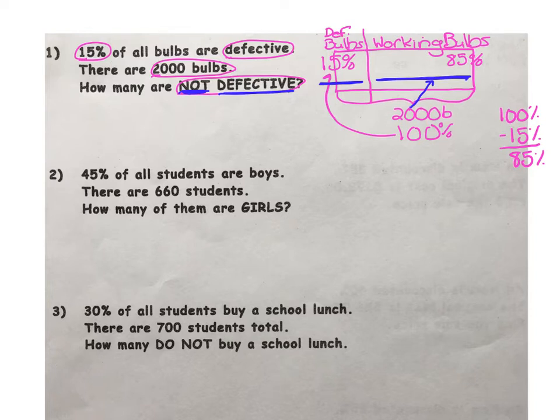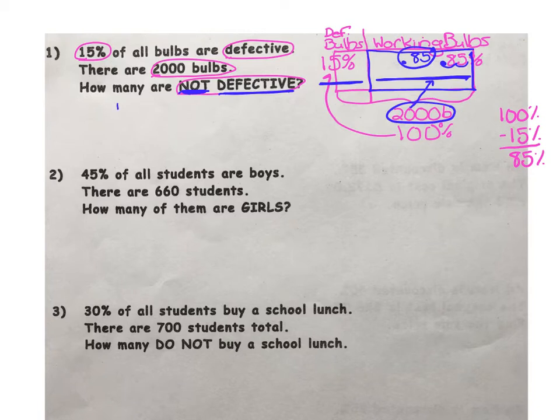Well, since that's the part of the bar we want right here, we're going to use the rate associated with that part of the bar. 0.85 or 85%, 85 hundredths.